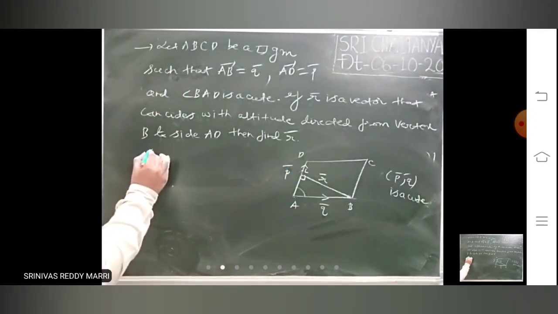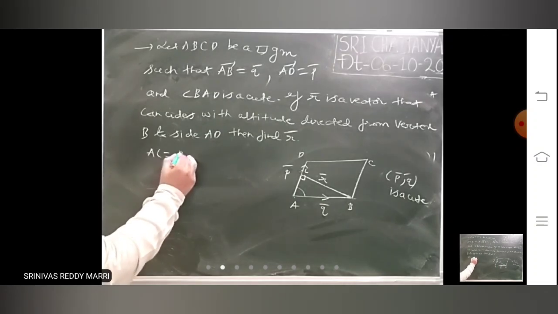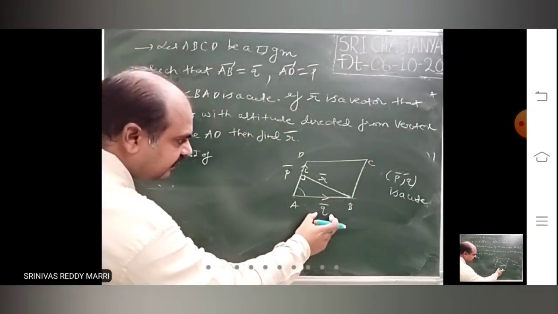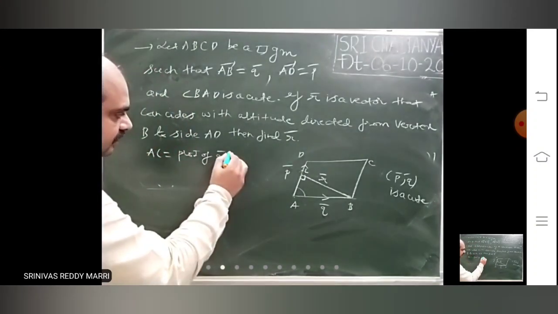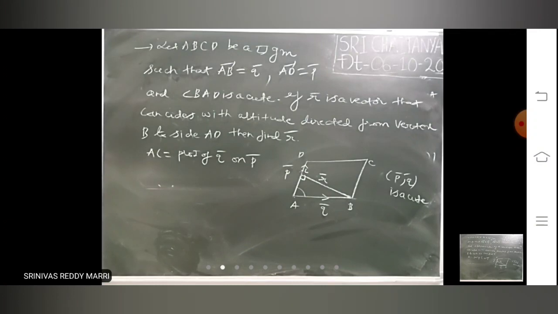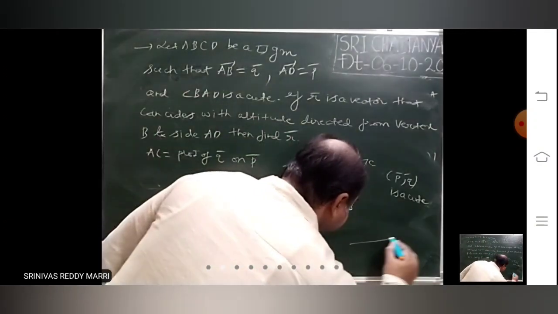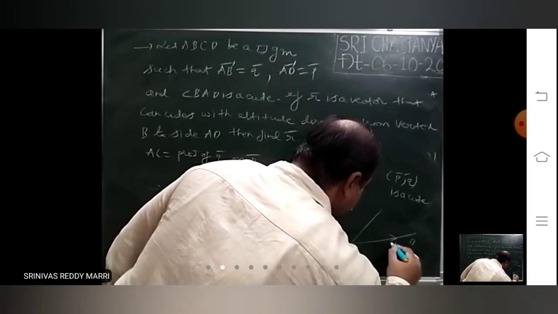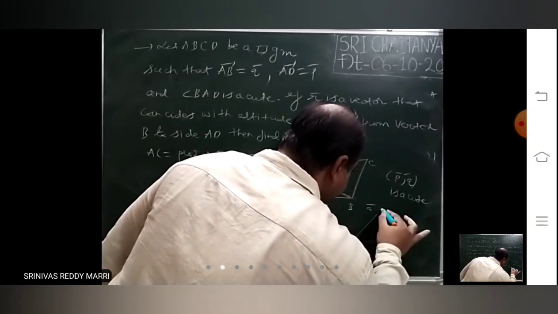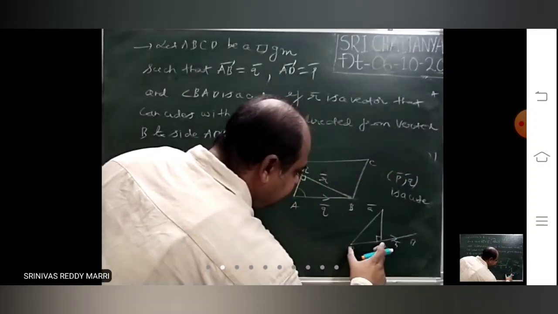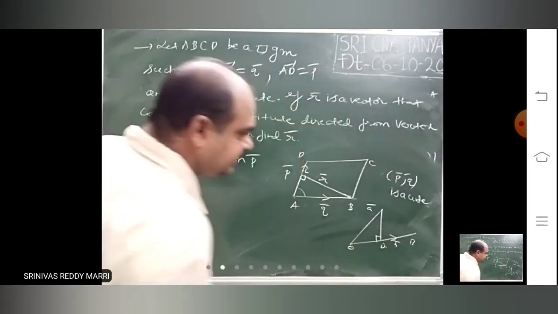This AL length is what? AL is nothing but the projection of Q bar on P bar. In the previous case, look at this, from here this is drawn. This OD is nothing but the projection of A bar on this.